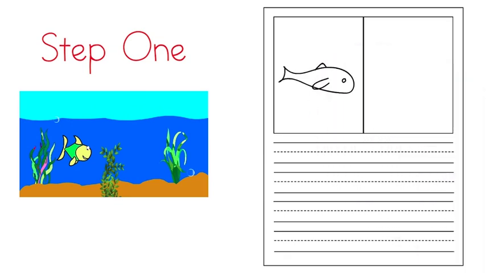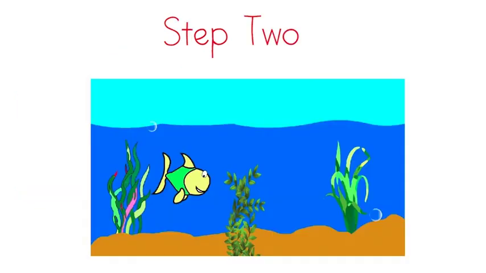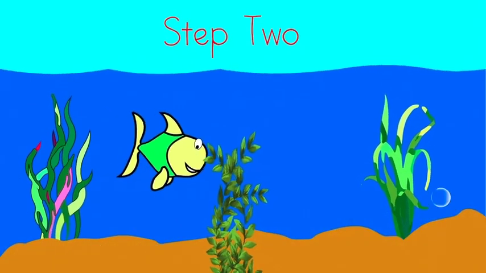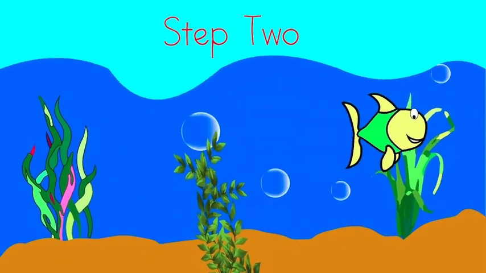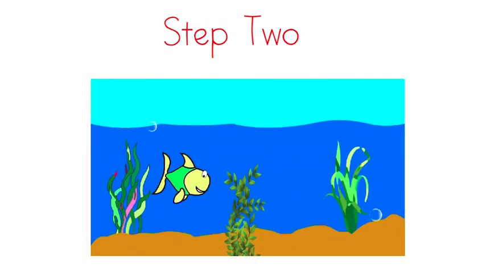That's where we put who or what our sentence is about. Step 2. Go back to the idea and ask, what about the fish? What did the fish do? A fish swam. Swam! That's what the fish did.